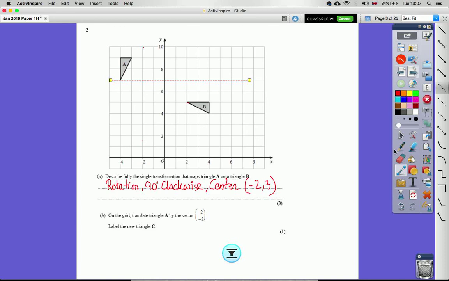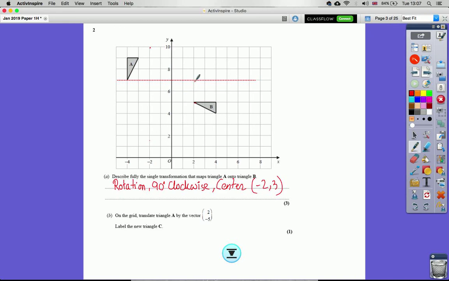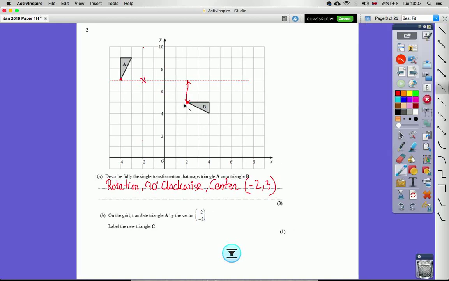Now, this point here has moved down 2 units below this dotted line. So if I move 2 units away from the point here, your center of rotation will be somewhere along this line, the vertical line here.